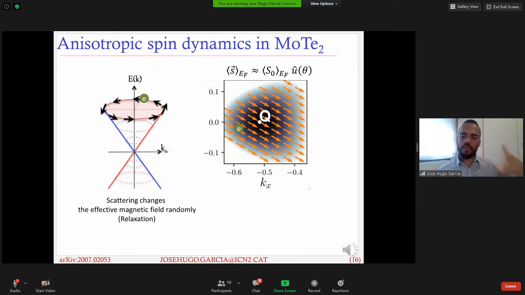If this happens a lot, the electron will feel a random magnetic field and will lose its spin information. But if you have a persistent spin texture and your spin is aligned to the direction of your spin texture, then when you scatter you feel the same magnetic field, which won't make your electrons relax. So in this case, the only thing that could happen is dephasing.